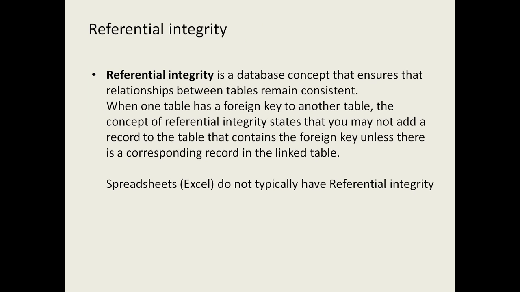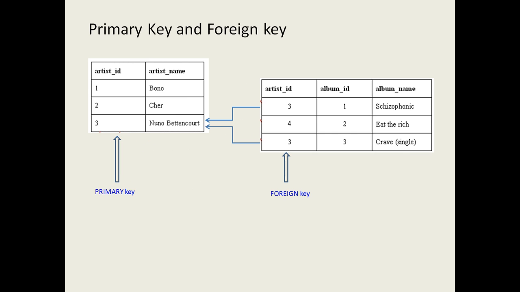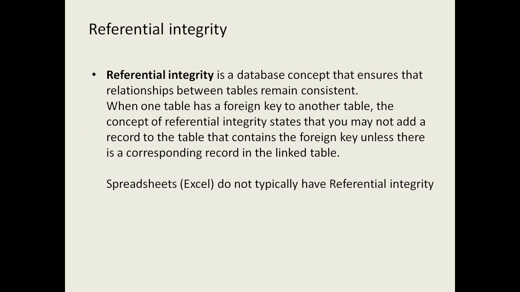The other consequence of that is that if you have, let's say, an album here that says Bruce Springsteen number 5, or even the 3 and 3, and you remove this one, all of a sudden, on the album list, you have a bunch of orphan records that don't have an artist anymore. Once again, the database will not allow you to do that because of the concept of referential integrity.